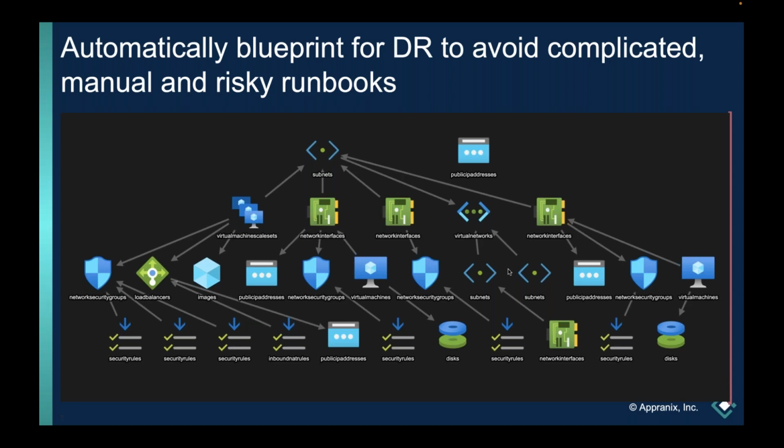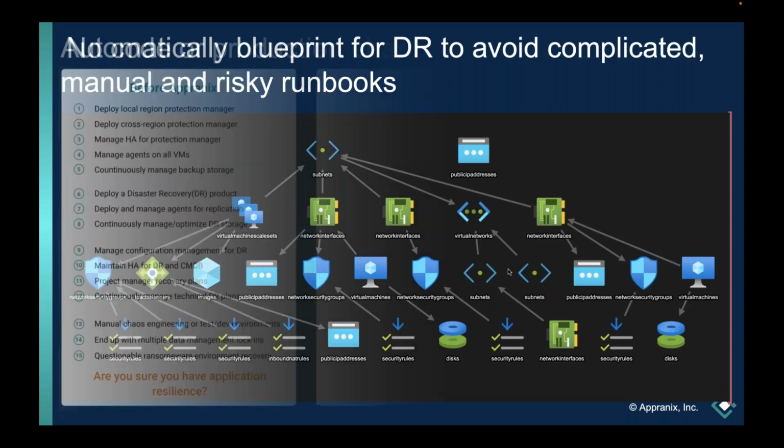Wouldn't it be nice to avoid that complete DR runbook, not the business side of the equation, but at least the technical DR runbook? If it is ready, if it is updated, if it is coded automatically, wouldn't that be nice, right?